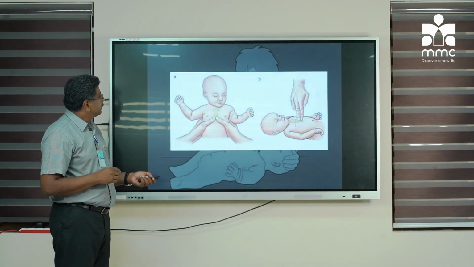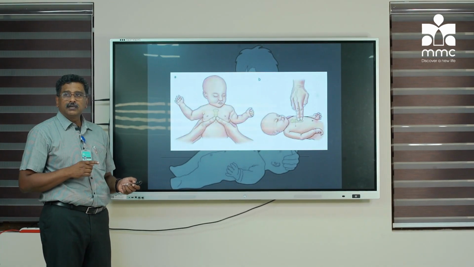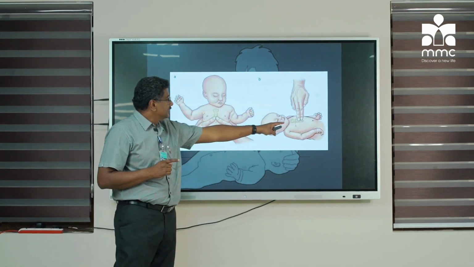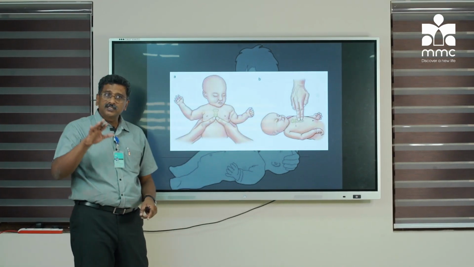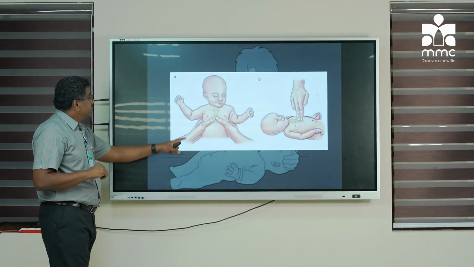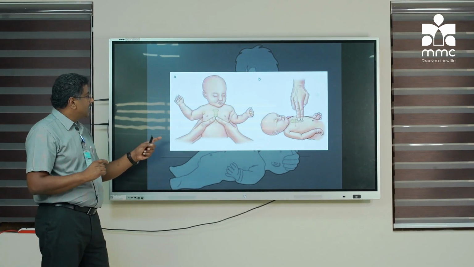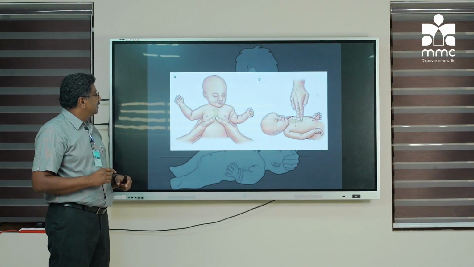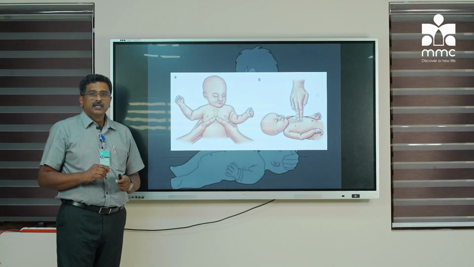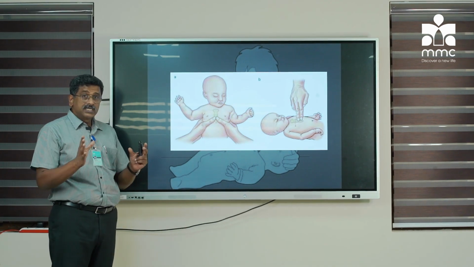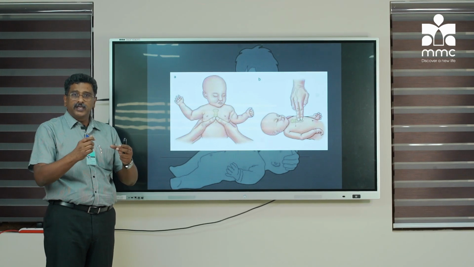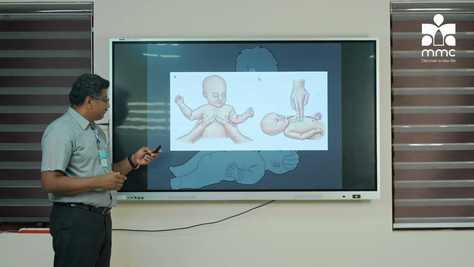What you see here is the 2-finger technique, on the lower half of the sternum, and this is the thumb encircling hands method. If you ask which one is better, it is the thumb encircling hands method, because you are compressing all areas so that the perfusion will be much better.